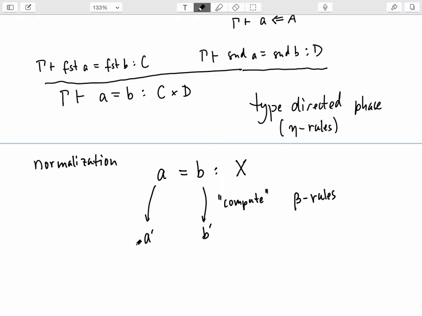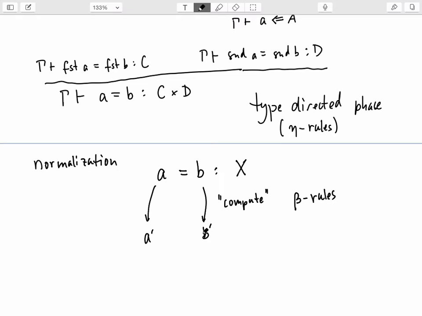So until both terms have a constructor on the outside. So for example, they're both ordered pairs, or they're both cons for a list, or they're both successor, or one is the successor, the other one is some other constructor, 0, right? But you want them both to be constructor on the outside.